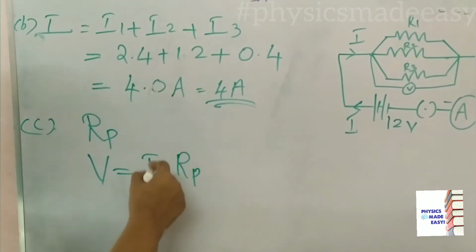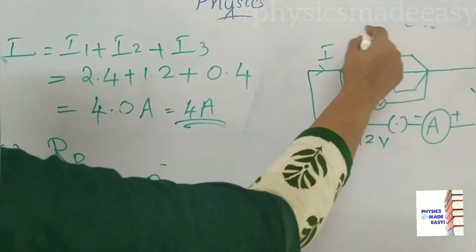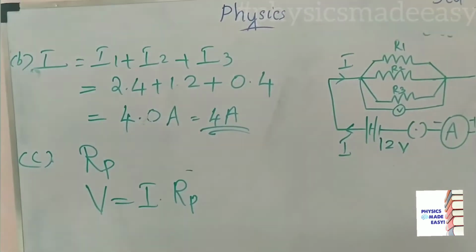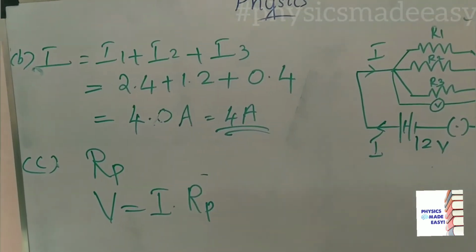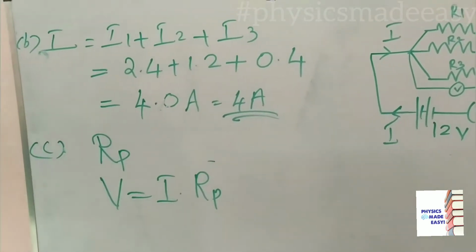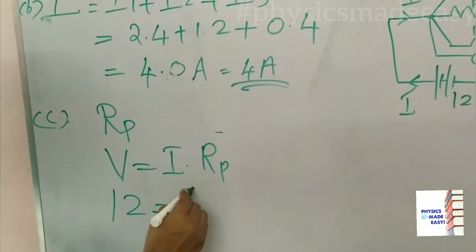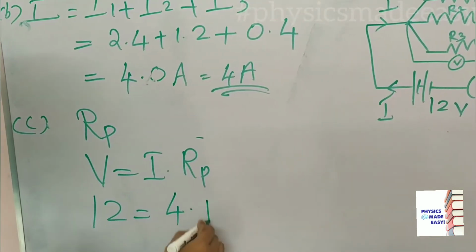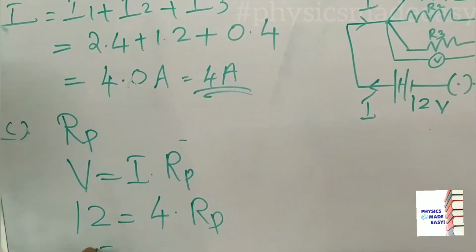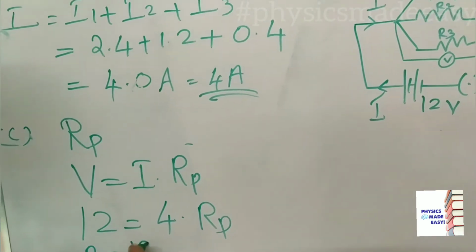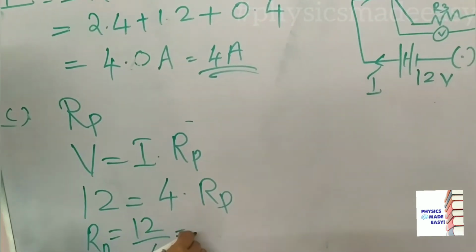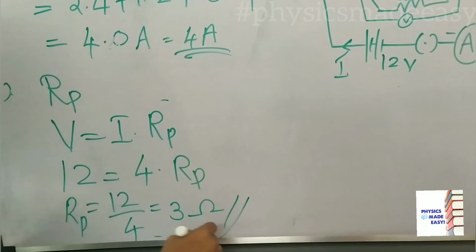Here this Rp means the effective resistance of this combination. That only we have to find, that is the total resistance in the circuit. Here we have potential difference is 12 volt and the total current we got as 4 ampere into Rp. So we can write Rp is equal to 12 by 4. Then you will get this as 3 ohm.